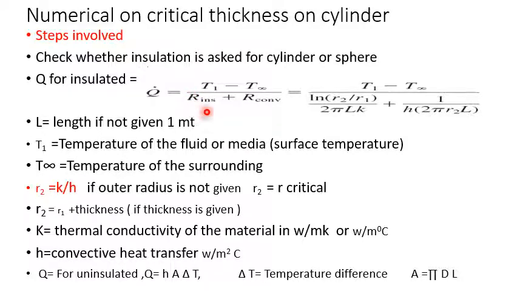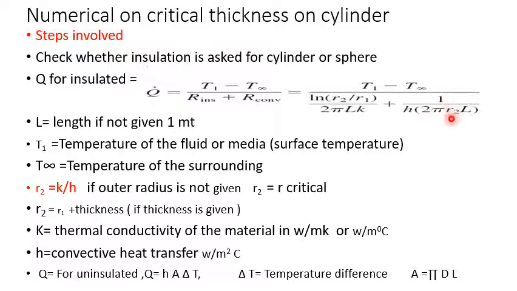And R insulation is given by ln(R2/R1) divided by 2 pi L into K, and R convection is given as 1 by h into 2 pi R2 into L. And instead of 2R, I can use the diameter.